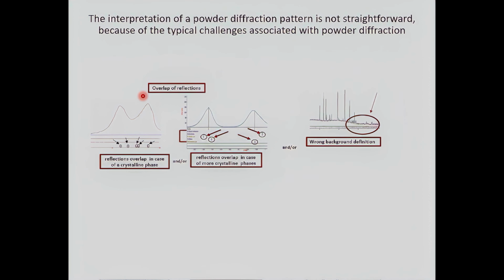But in addition to the overlap, in the case of powder we also have the problem of correctly estimating the background, above all at high 2 theta angle. Why? Because at a high angle, the signal reduces, the peaks broaden, and then it's difficult to correctly distinguish between signal and noise.